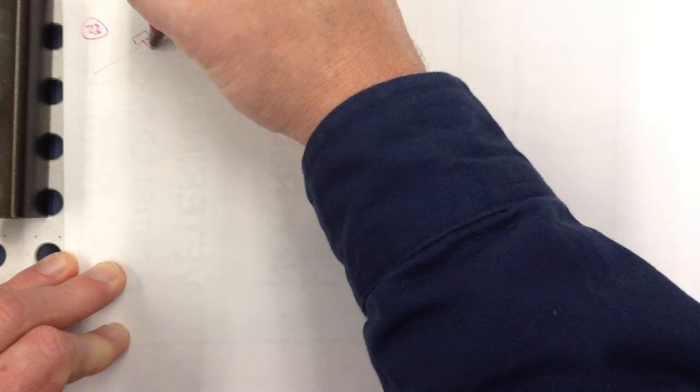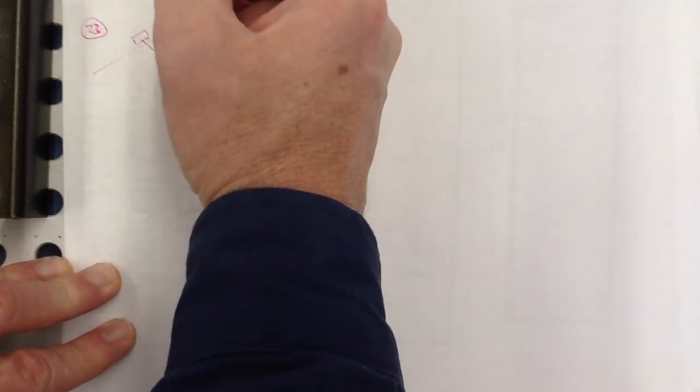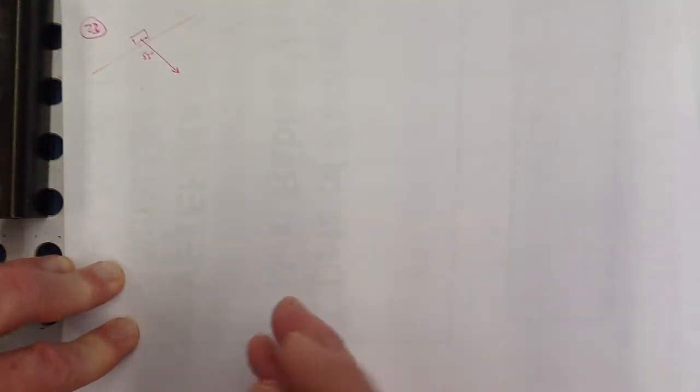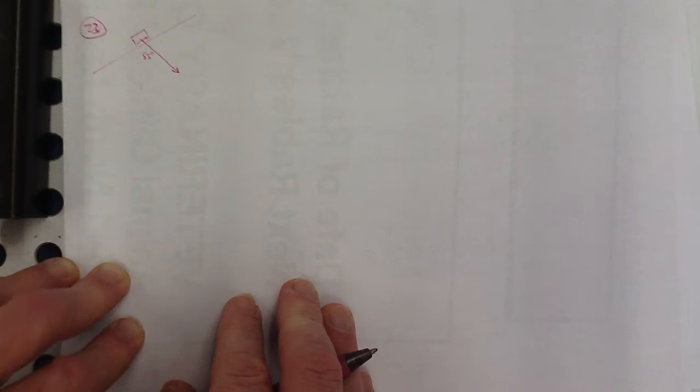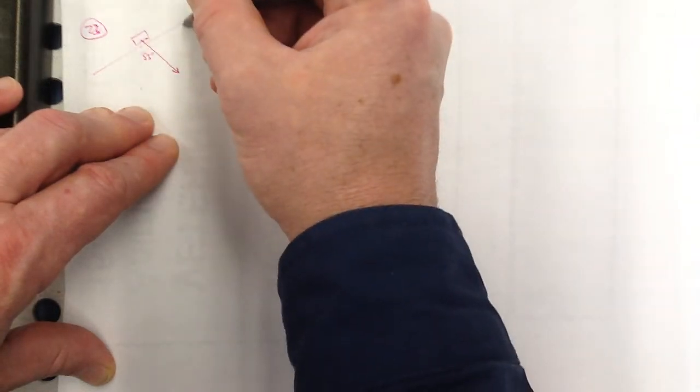It looks like it's coming kind of this way, and this angle is 53 degrees, causing the box to move up a frictionless ramp at a constant speed. How much work is done on the box by that force when the box is moved through a vertical distance h of 0.15 meters?